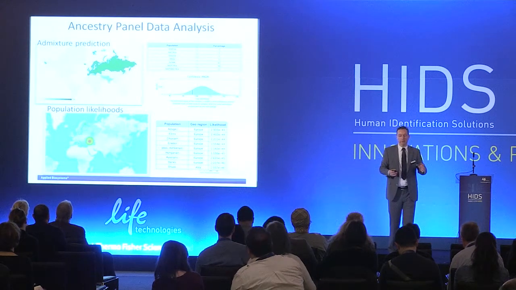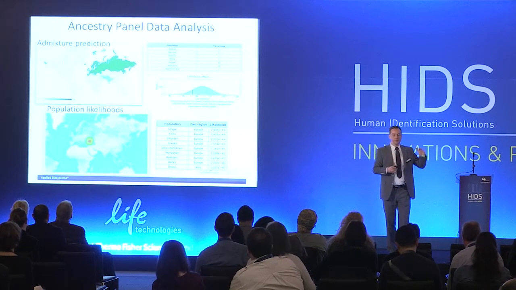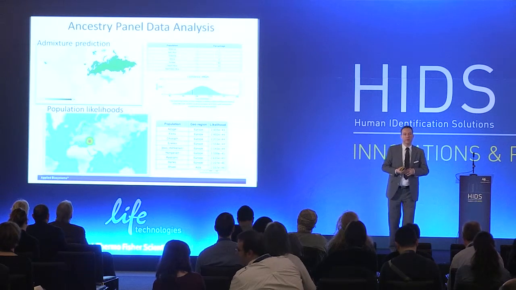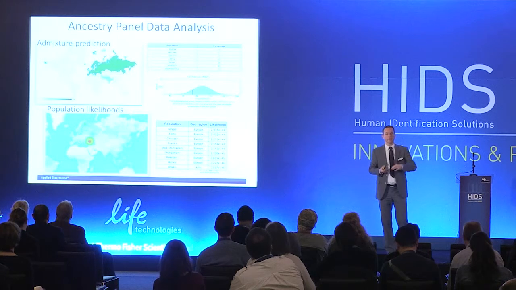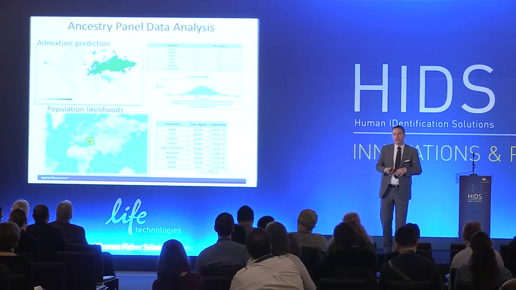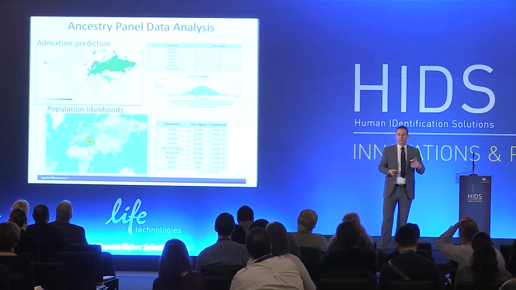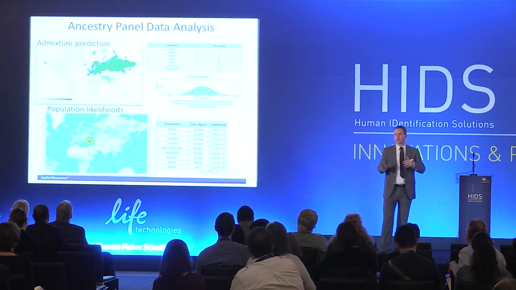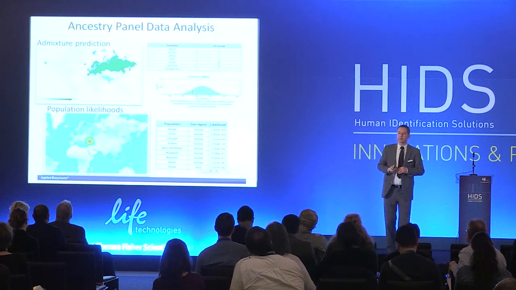With the number of SNPs we have in the panel, it gives you a very rough estimation on broad global groups. And of course, this can only be as good as the population databases it is relying upon. And if you want to have more granularity on a biogeographic level, of course, we would need to include many more SNPs for a specific population. But as a first start in this direction, you see it's providing some interesting data already.